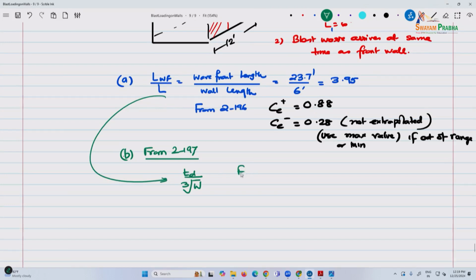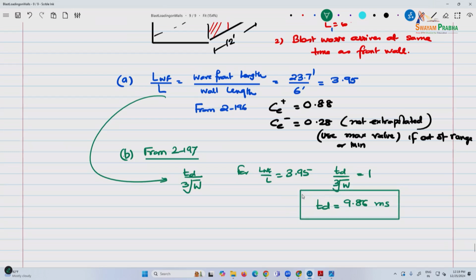So for LWF by L equal to 3.95, TD by cube root of W is 1. So TD is 9.86. I don't think it's advisable or wise to go to second digits beyond the decimal in this case.